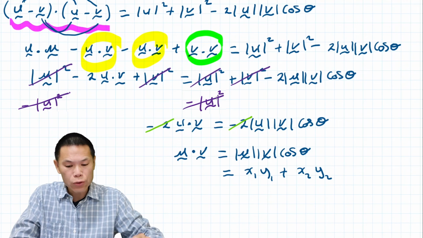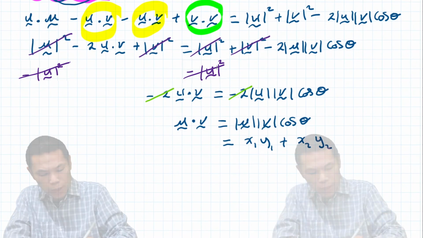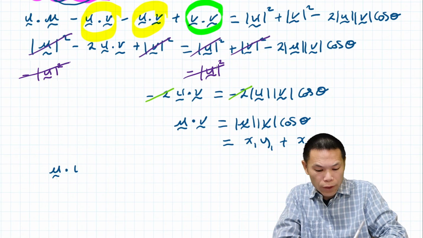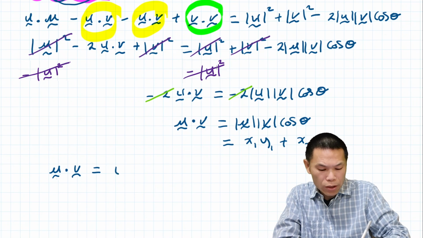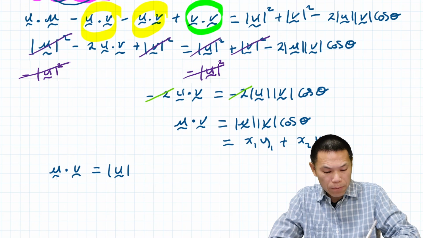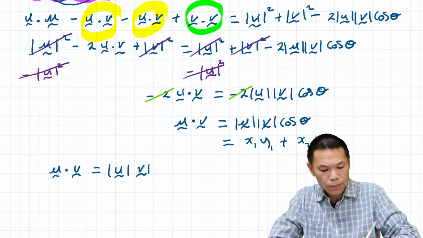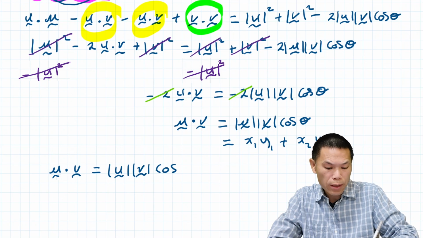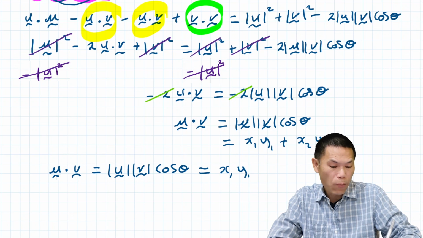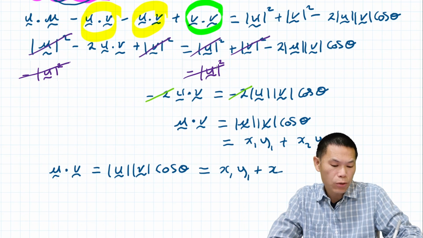So therefore, I can just write it all in one line. So that is U dot V is equal to the magnitude of U times the magnitude of V, cos of the angle in between, and also equal to x1 x2 plus y1 y2.